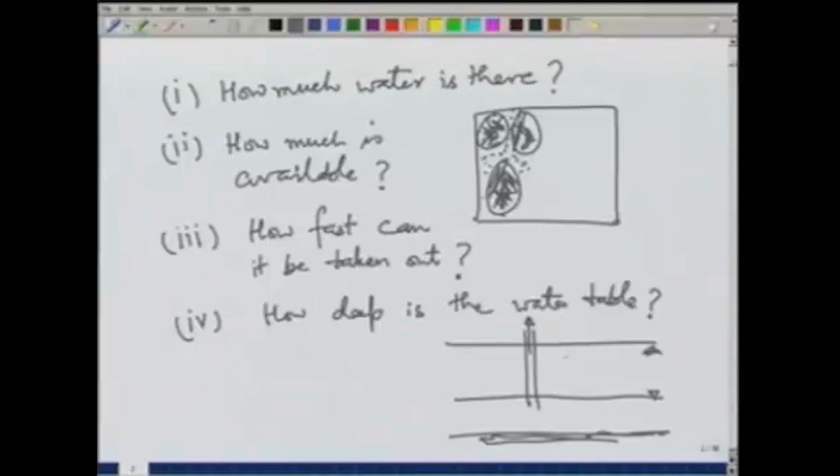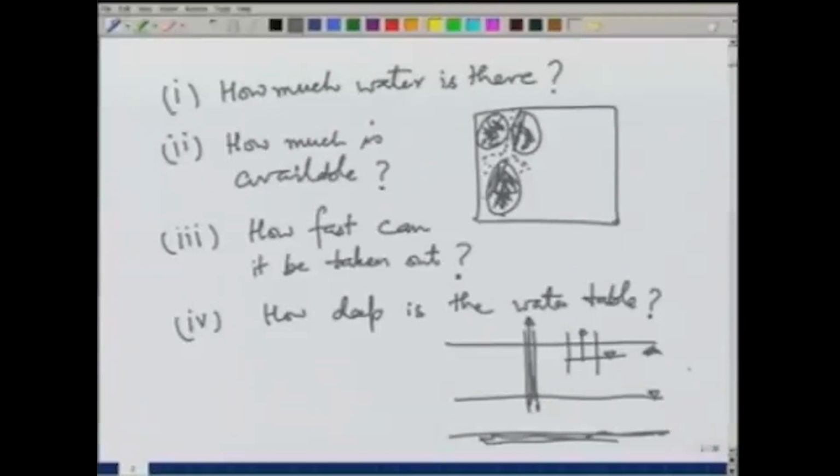If the water table is close to the ground level, then we can just dig a well and get water from the dug well, but if it is very deep, then we have to have some kind of bore wells, which will be able to go very deep, and we have to install a pump to pump this water out.